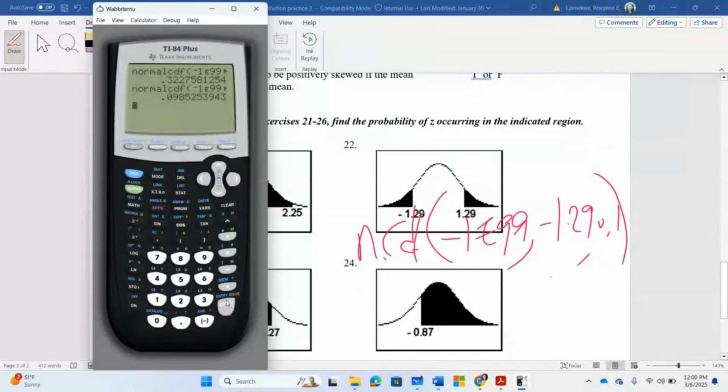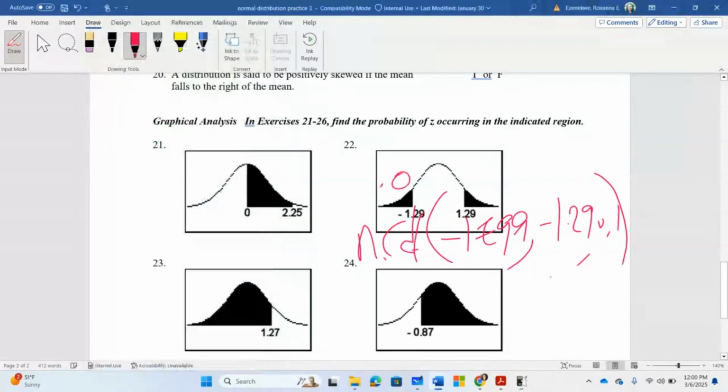And if it is 0.099 on the left, it's also 0.099 on the right, because the normal curve is symmetrical. The absolute value of the z-score on the left and the right are equal. Therefore, the area to the left will be equal to the area to the right.